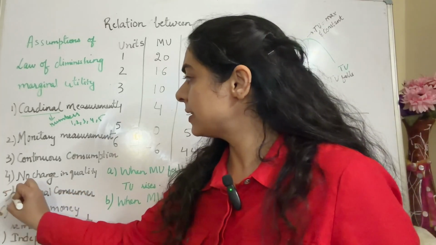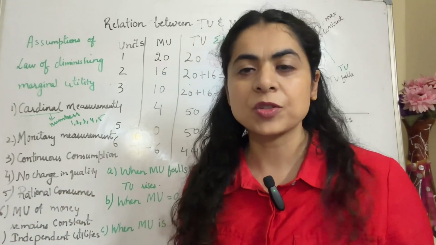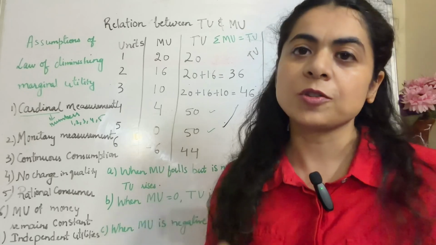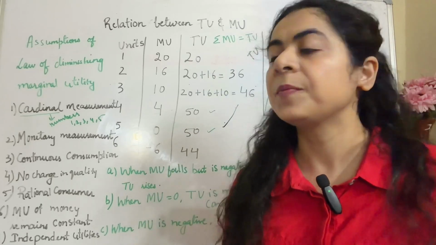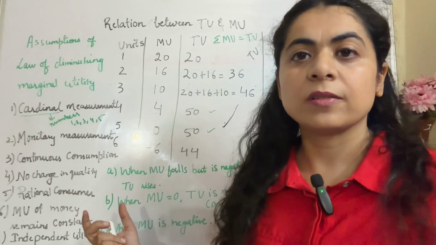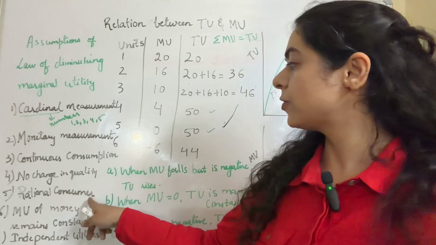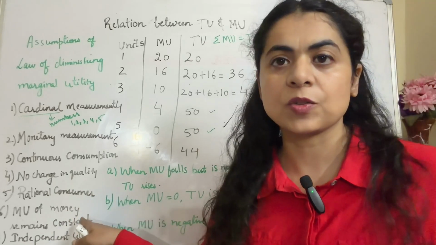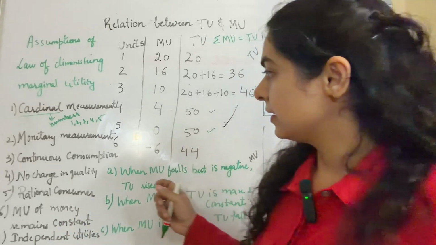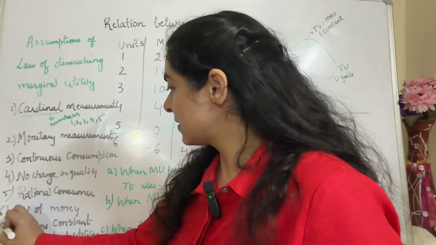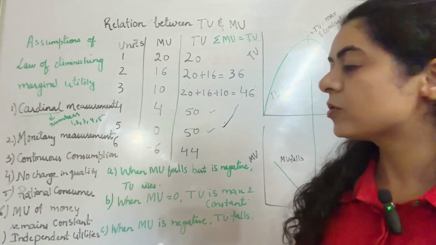Then rational consumer, the consumer here is rational. He considers all the possibilities and will accordingly make a decision which will help the consumer to maximize his or her satisfaction. So next is marginal utility of money remains constant.